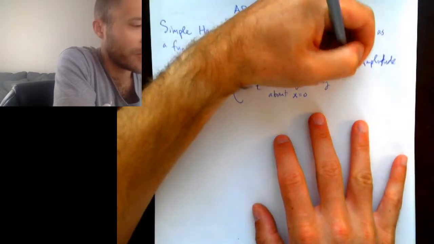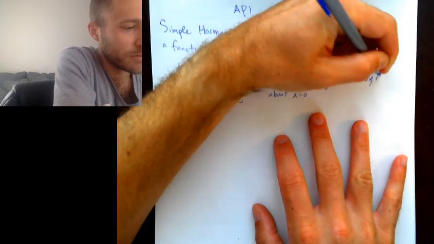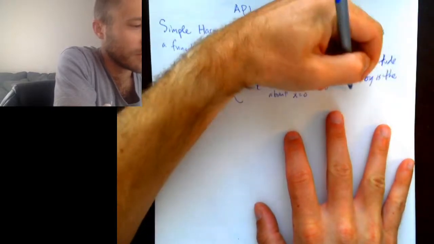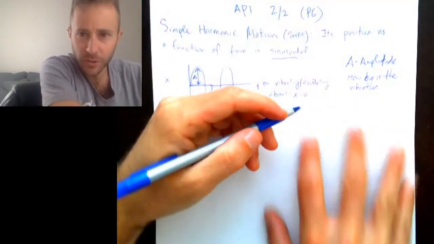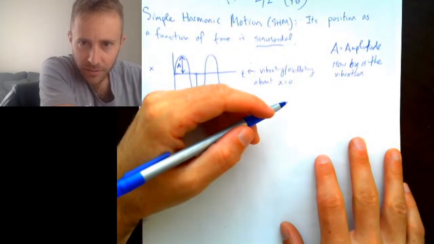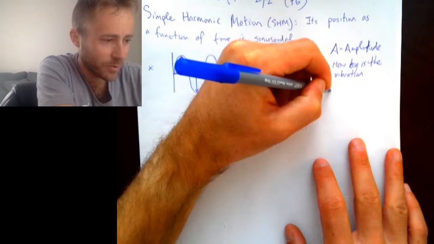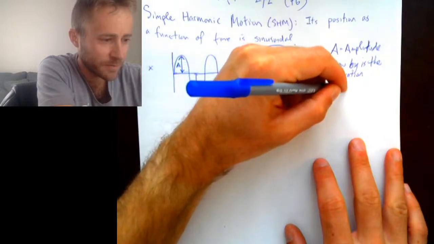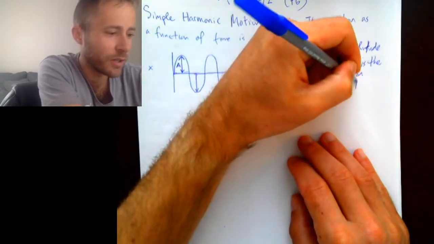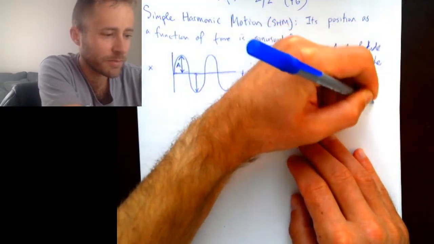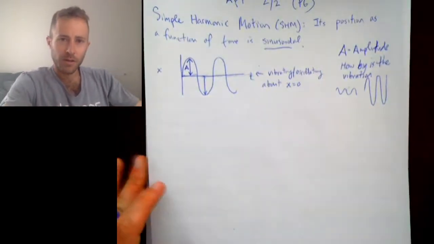And it's basically how big is the vibration. Okay, so you could have a small amplitude. Okay, so that would be something like this. Or it could be a large amplitude, something like this. Okay, that's the amplitude. All right.